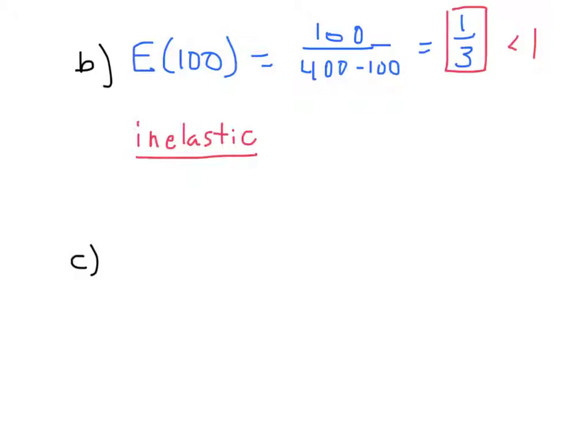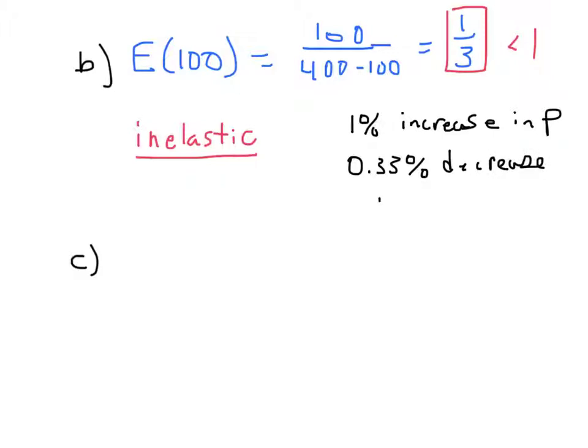So I'm going to just note that here. If we increase the price by 1%, we'll get approximately a third of a percent, or 0.33% decrease in quantity demanded.